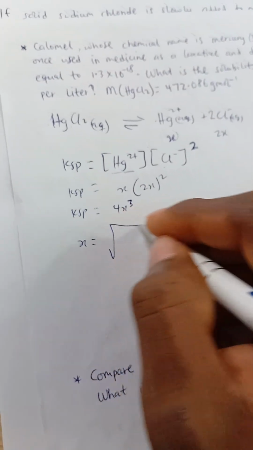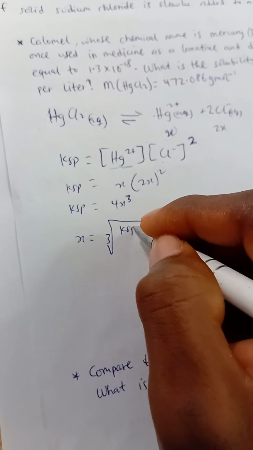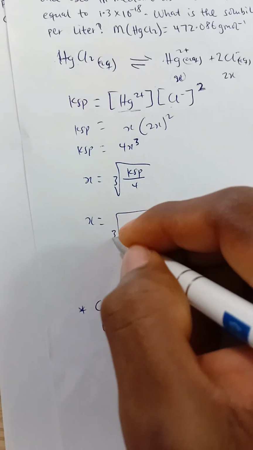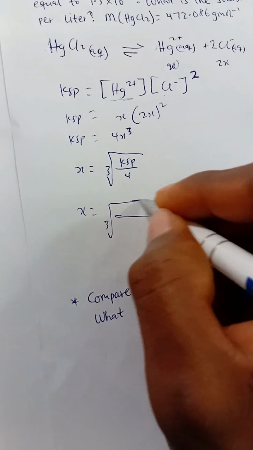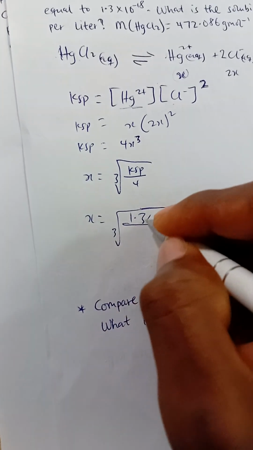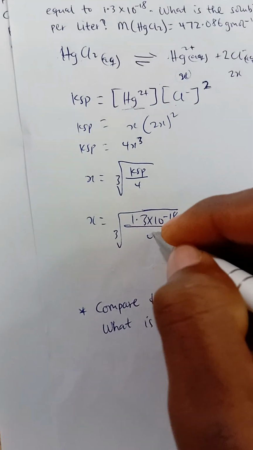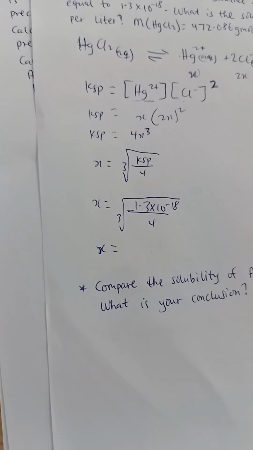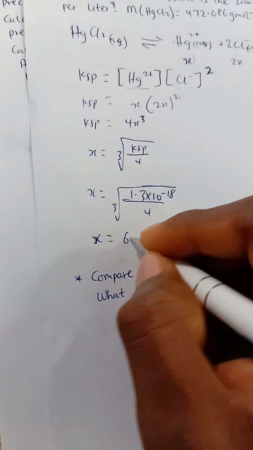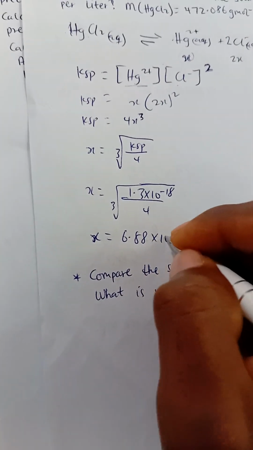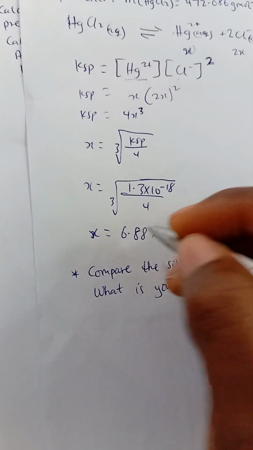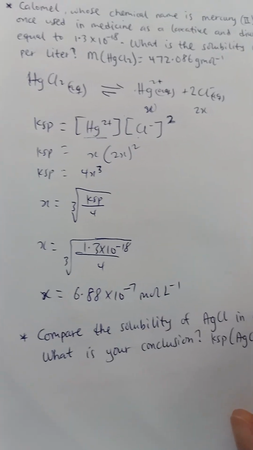So cube root of Ksp over 4. Our Ksp was given as 1.3 by 10 to the power minus 18. Then when we do this, we get our solubility 6.88 by 10 to the power minus 7 mole per liter. So this is our solubility in mole per liter.